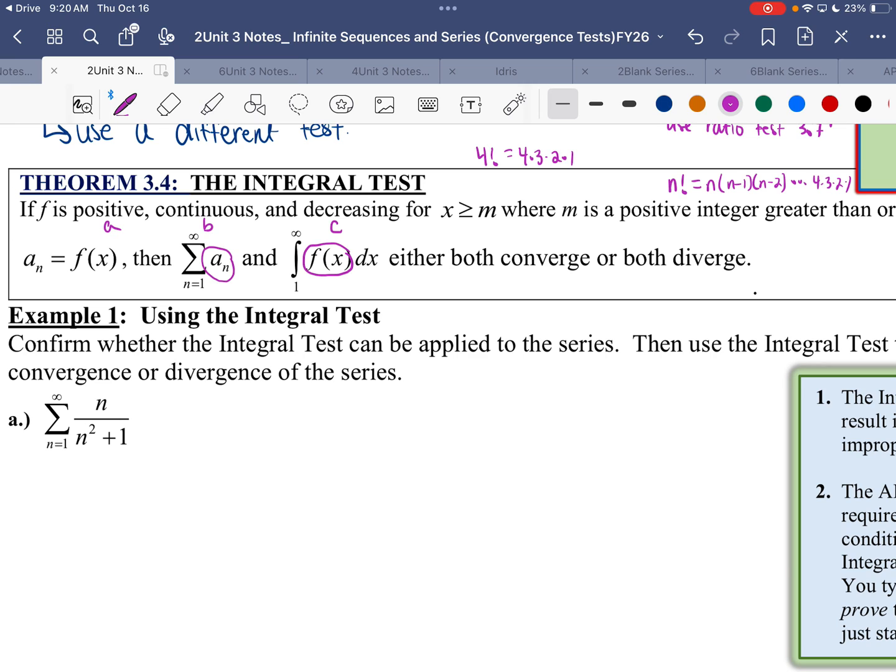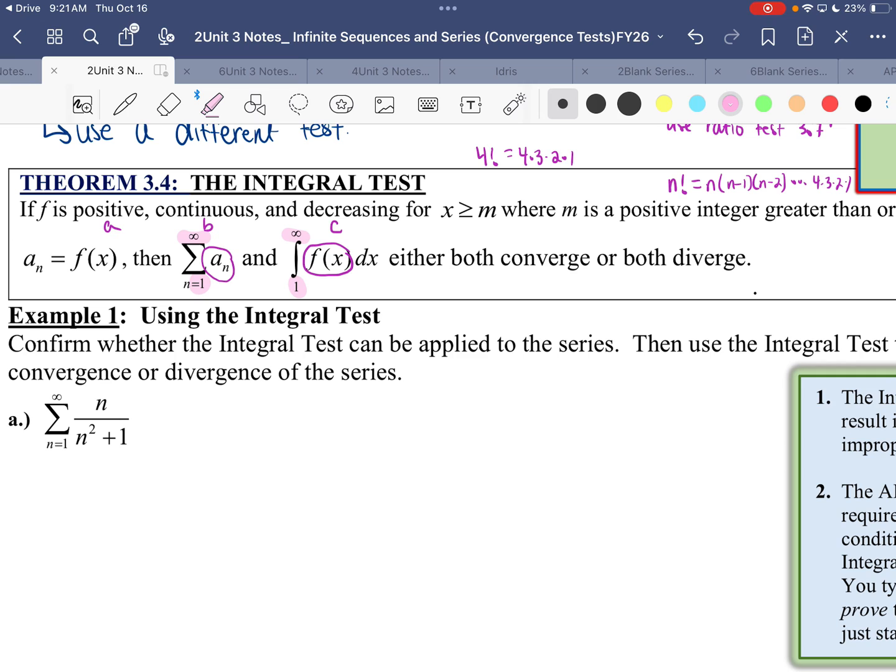So if we're saying it's starting at 1 for n and going to infinity, then the boundaries of the integral match that. So this still follows those improper integral rules.